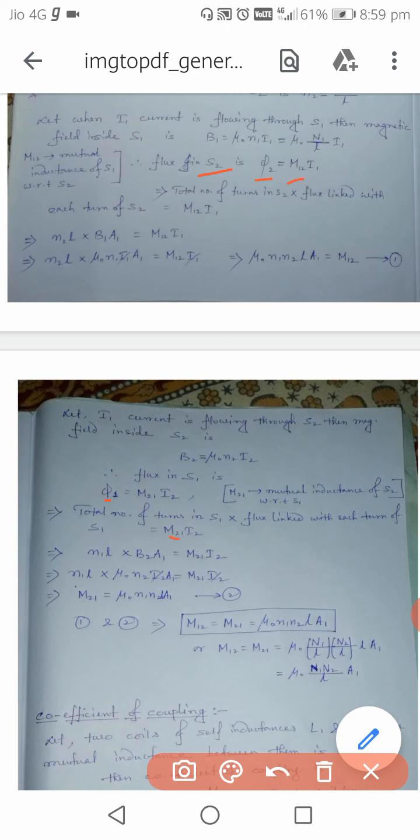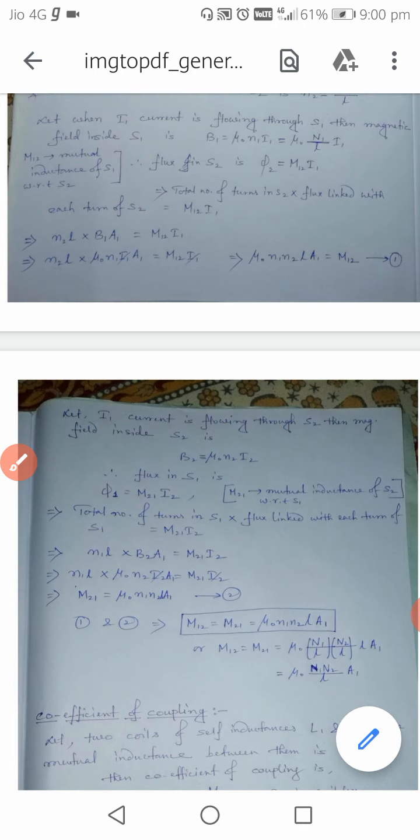Now for the number of turns in S1, what we wrote in the previous case as N2 L, it is now N1 L, B1 becomes B2, but the area is A1. This side also M12, M21, I1, I2. The only change is the area.